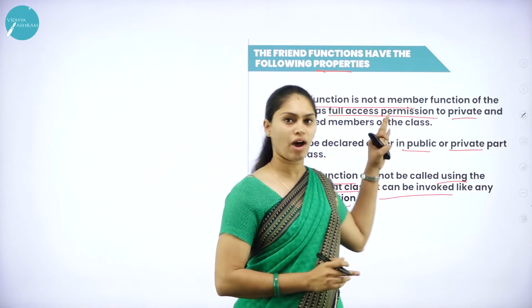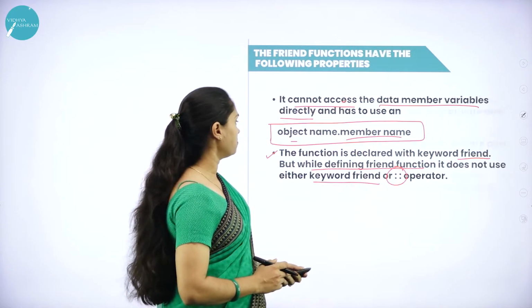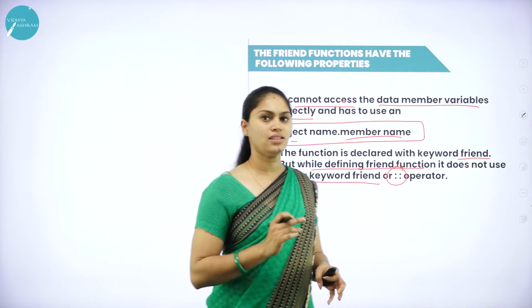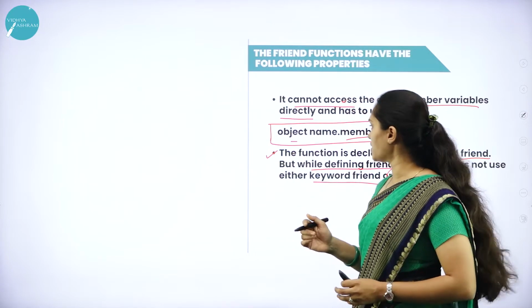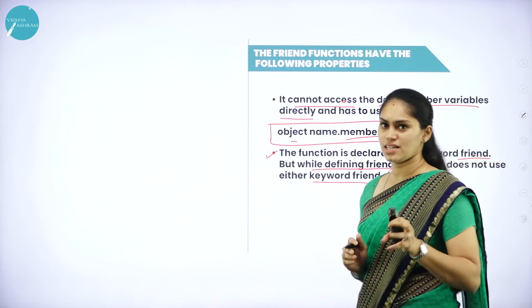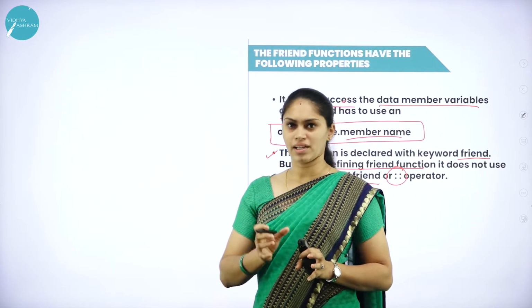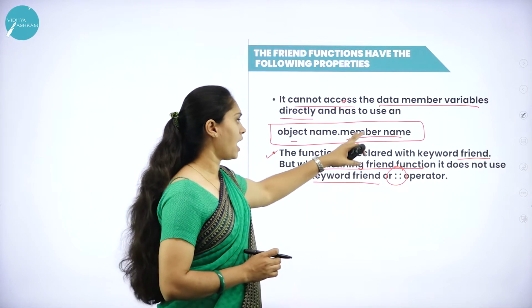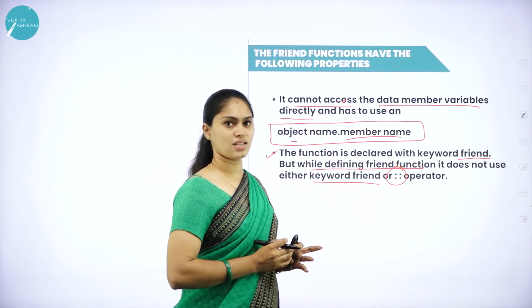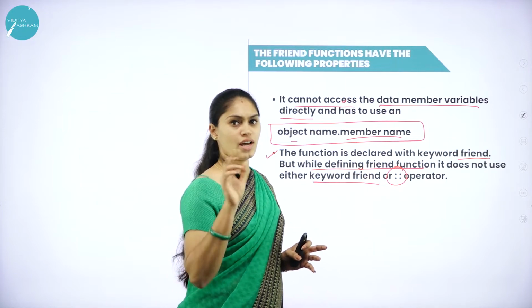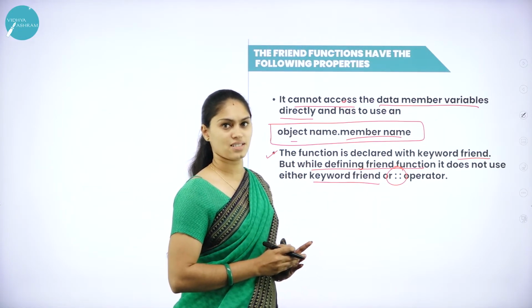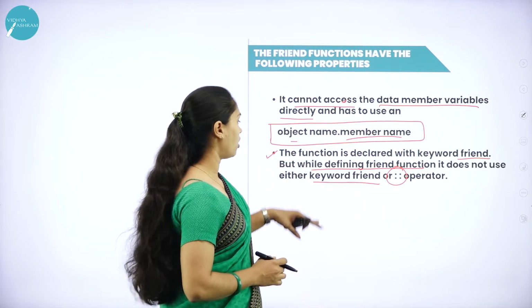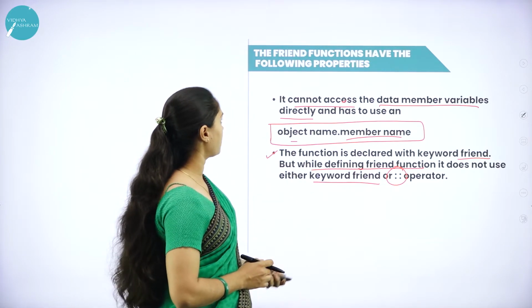Then I cannot directly access the members of a particular class by using this friend function, so I need to go with a syntax: the object name of that particular class, then the dot operator, and then the member name, that is, the data member that you need to access, which comes under private and protected access specifier.